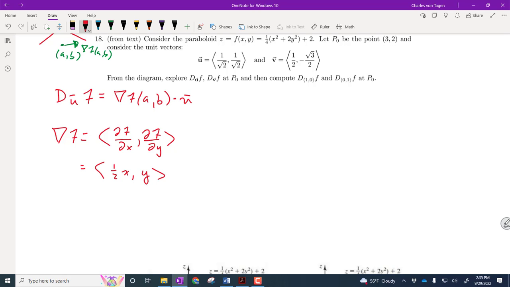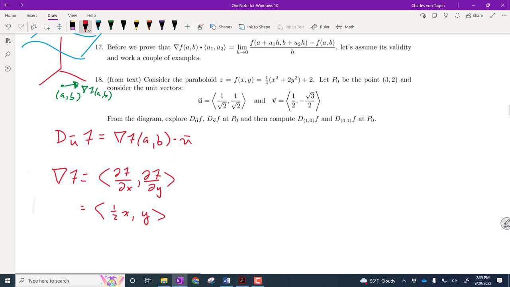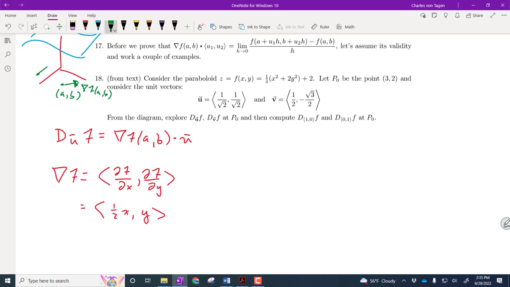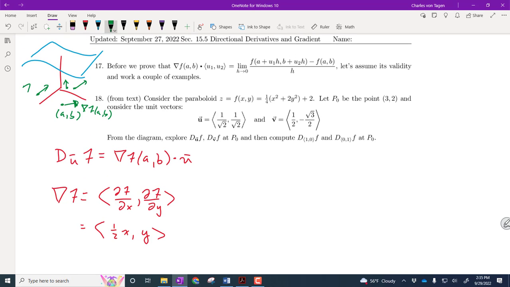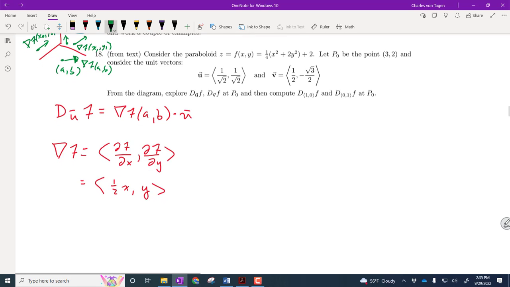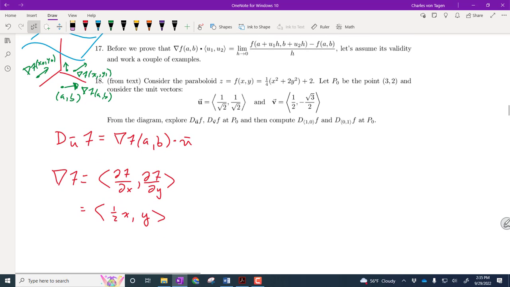The way I want you to think about it is it takes the entire domain space, and at any point in the domain space, it gives me a vector pointing in the direction of steepest ascent. So this would be the gradient of f at some point x naught, y naught. This would be the gradient of f at some other point, x1, y1. And so this is a set of instructions for how to get the gradient at any point in the domain.